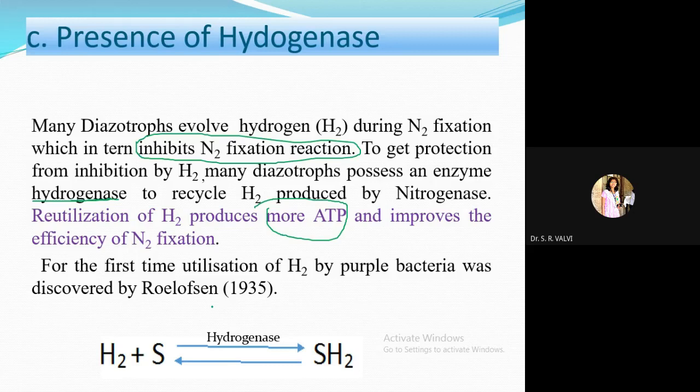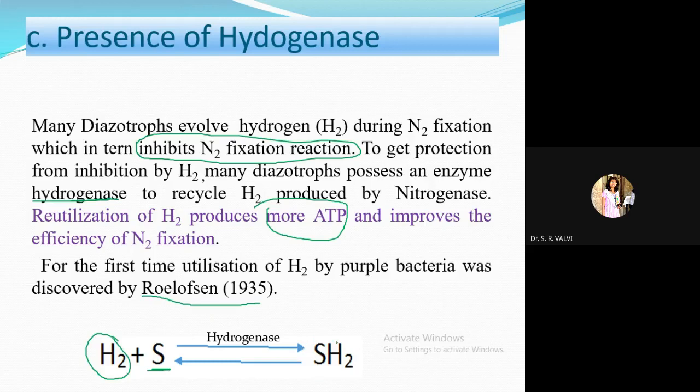For the first time, this utilization of H2 by purple bacteria was discovered by the scientist Roelfsen in 1935. See the year in which this discovery was done. So first time utilization of hydrogen by purple bacteria, and with the help of hydrogenase enzyme, this hydrogen combines with the substrate and forms hydrogenated substrate.